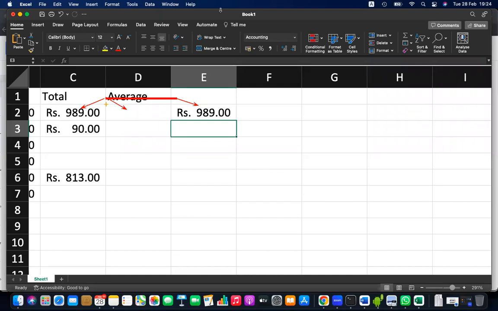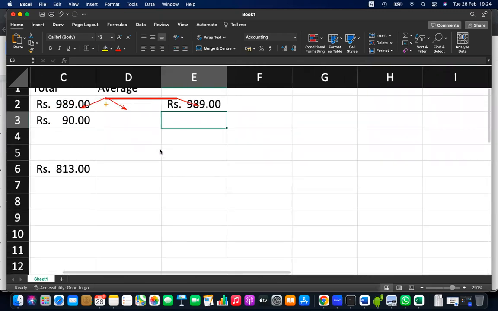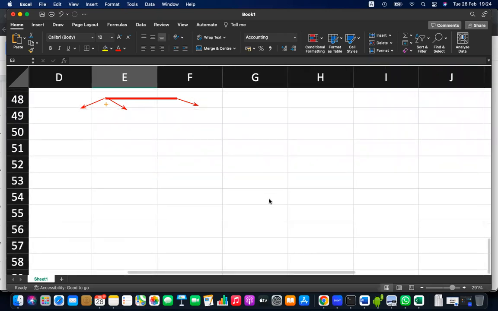Just one word is correct. Others are wrong. What is correct here? Okay, did you understand how it happened in reference? If I copy this to somewhere here, F2, it is trying to add D49, E49.